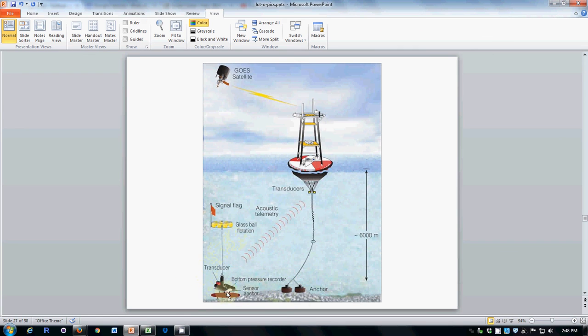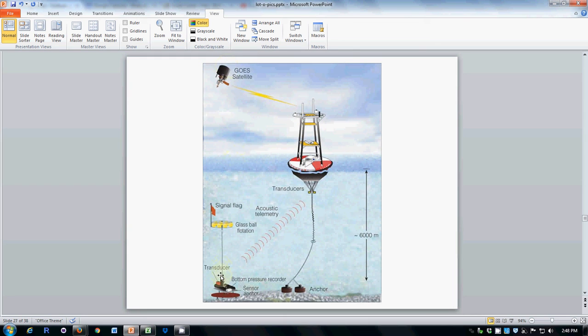The sensors are placed at the bottom of the ocean, and in that way, only a tsunami wave will create a difference in pressure or a disturbance in the water to set off this warning system, which will then shoot the signal up to the buoy and then translate it and send it up to a satellite to be broadcast around the world.